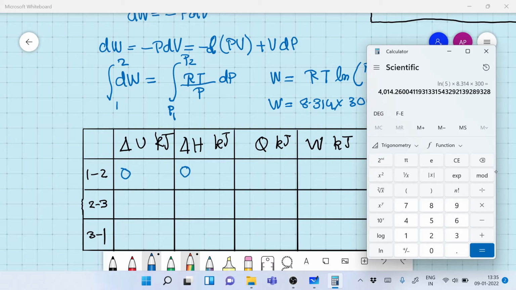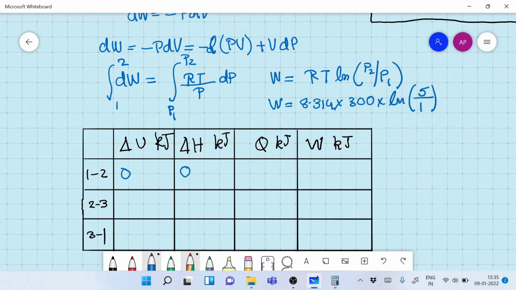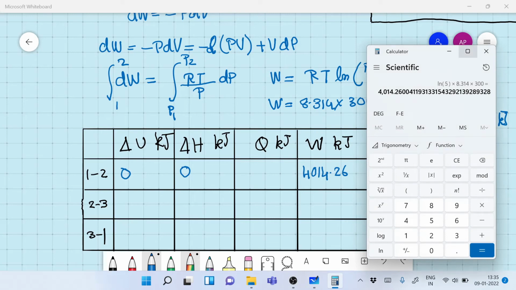And the answer is 4014.26. So the work done is 4014.26 kilojoules.